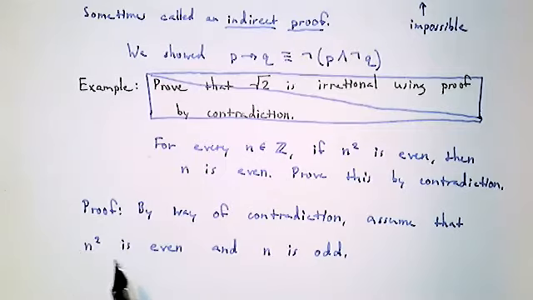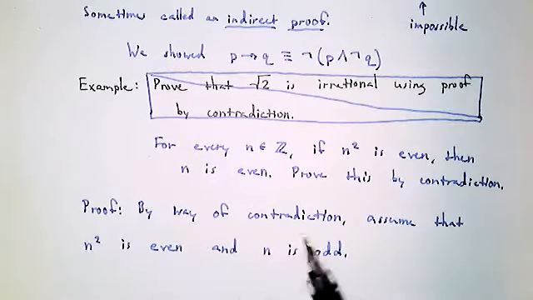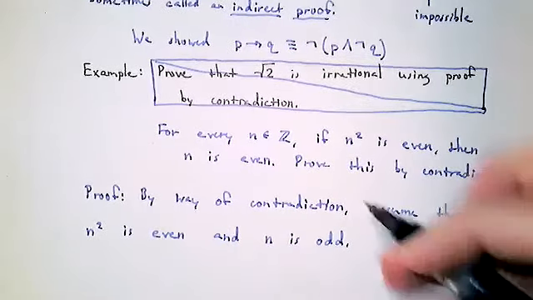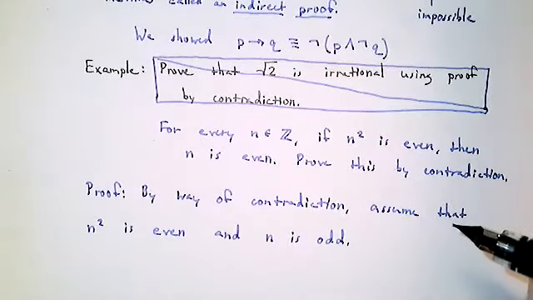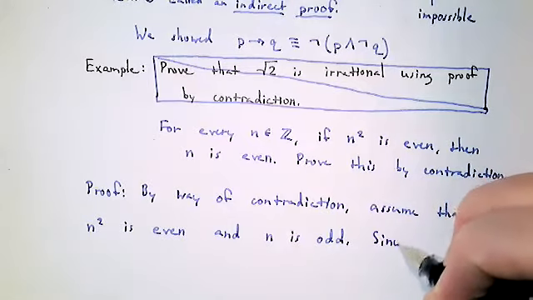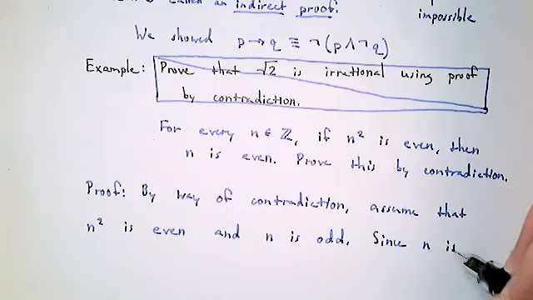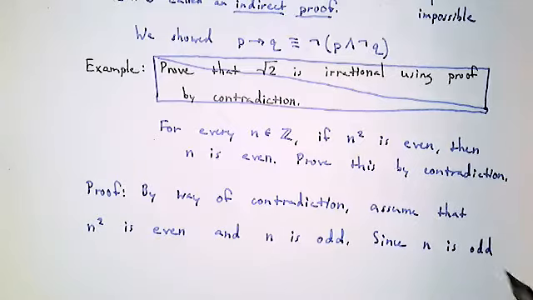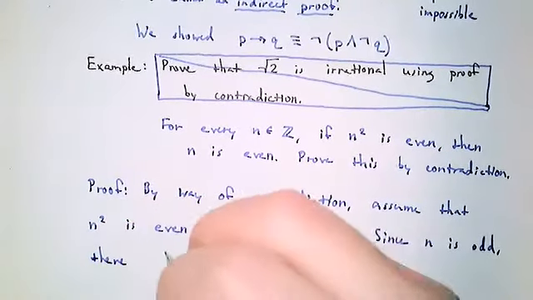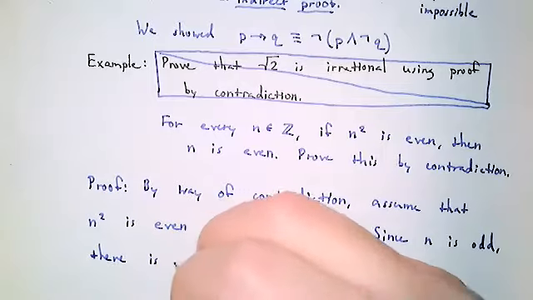It's not really clear what we would do if we were trying to take a square root. So we're going to focus in on n and then square it. Since n is odd, we know that it's equal to 2k plus 1 for some integer k. Let's write that down next. Remember, this is what it means for an integer to be odd.